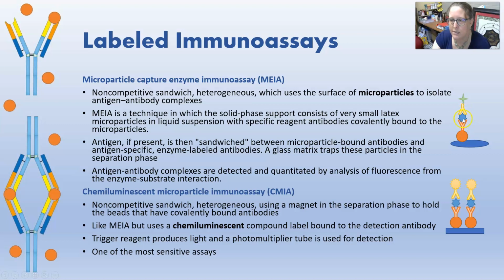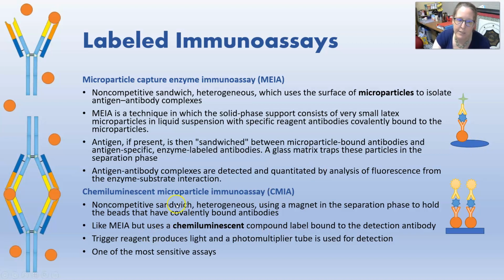The blue here is the analyte of interest, and if it is there, it will be captured. The yellow is an anti-analyte antibody that has a fluorescent molecule attached to it. So you can see it's a sandwich antibody tagged with fluorescence, and in the separation phase the beads, the microparticles, are going to be trapped in the glass matrix.